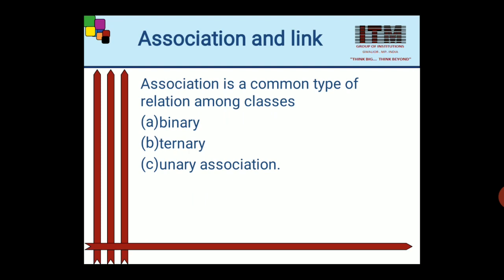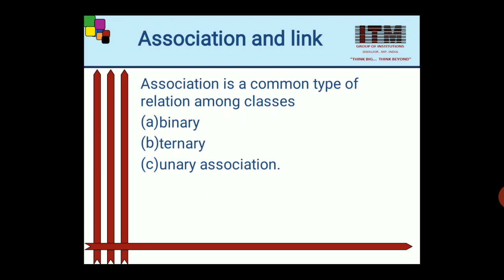There can be situations where three or more different classes are involved in an association. This is an example of the ternary association. Consider the example where a person books tickets for a certain show.